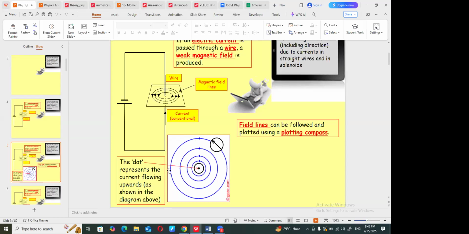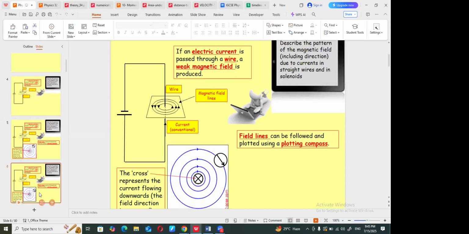And when the direction is changed, it will be into the page. That cross means the current direction is into the page, and the circles will be clockwise.